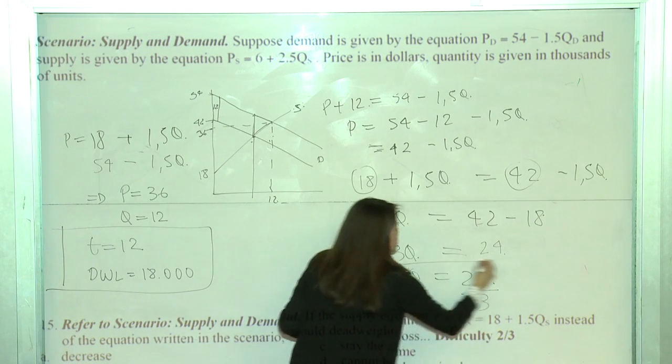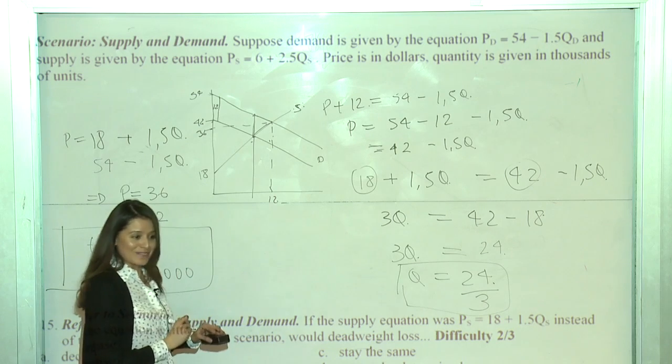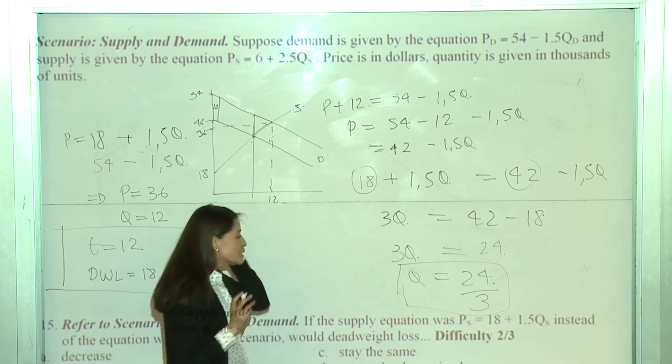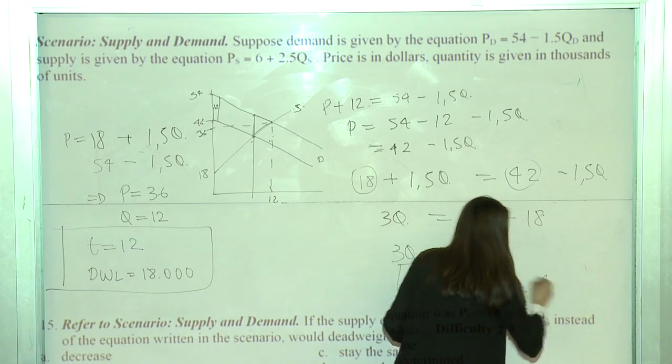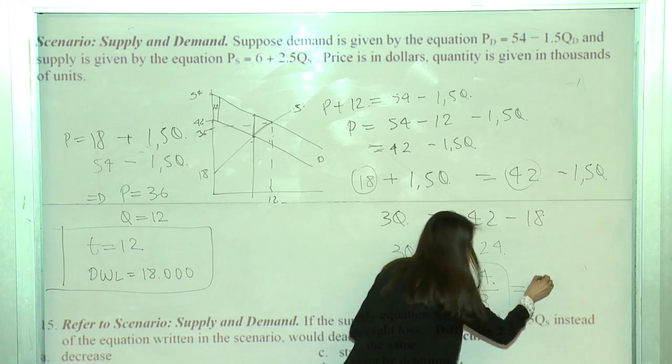I always allow my students to bring a calculator because I am very slow with that. Okay, so the quantity is 24 divided by 3, which is equal to 8.